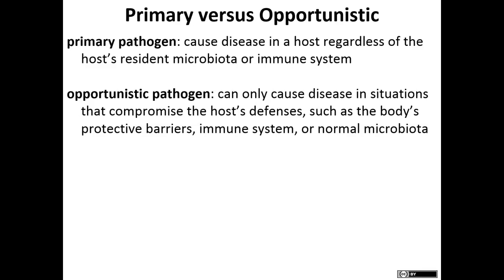Opportunistic pathogens take advantage of the scraped knee, or of the internal damage caused from, I don't know, jumping off of a 5-foot ledge and breaking your knee, whatever it is. These opportunistic pathogens don't typically cause disease, but they will because the barriers are missing or the immune system is already compromised.